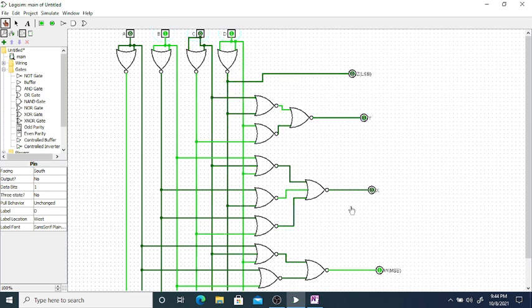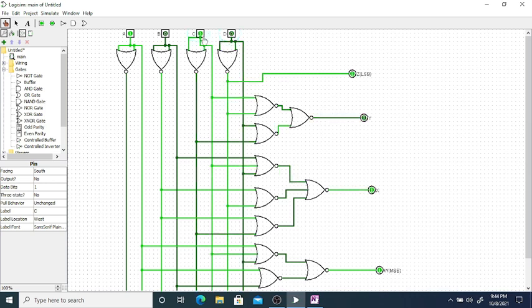Then 5 it will give us 8. Then for 6 it will give us 9. For 7 it will give us 10. For 8 it will give us 11. For 9 it will give us 12.